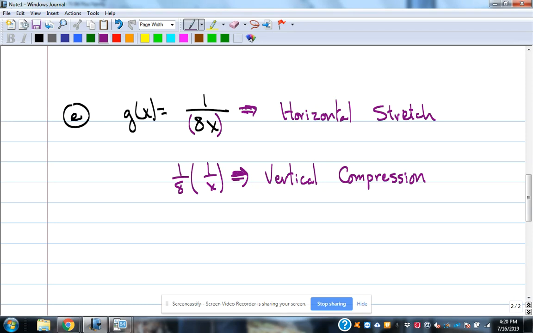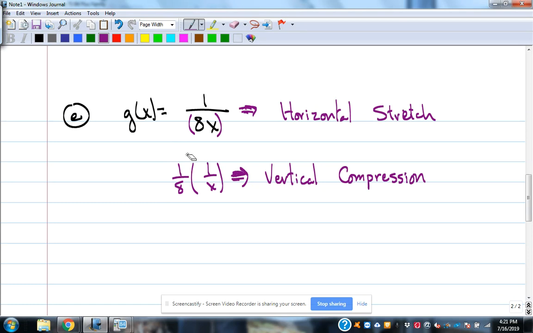The thing about it is no matter what you call that, the graph looks exactly the same. With a horizontal stretch, when you stretch something out, I don't know if you remember me talking about the silly putty, you stretch out the picture horizontally, it looks the same as if you compress it vertically. They look the same as far as the picture goes. The equation here happens to look the same.